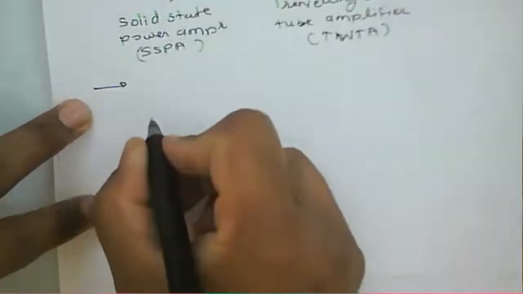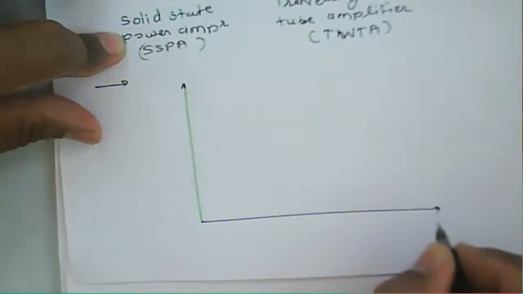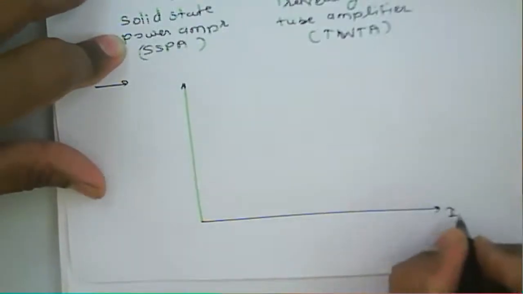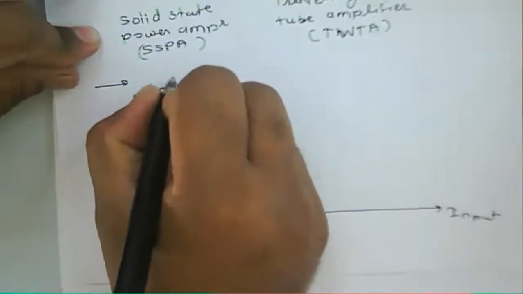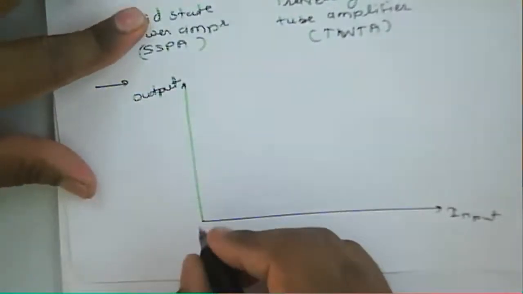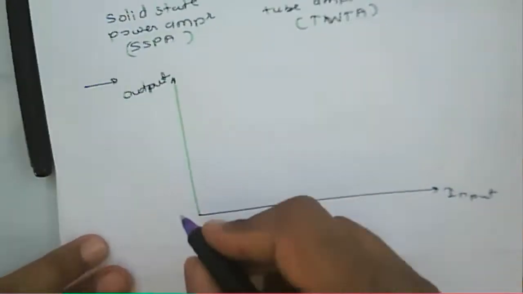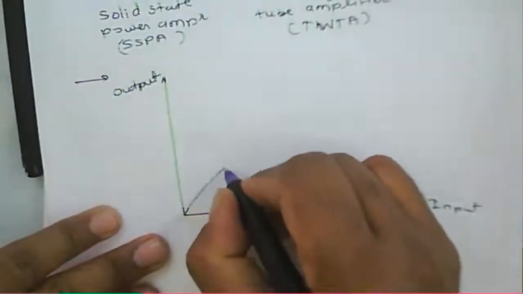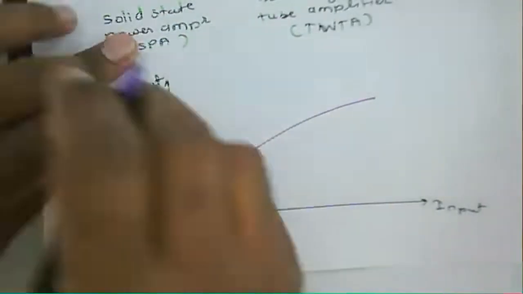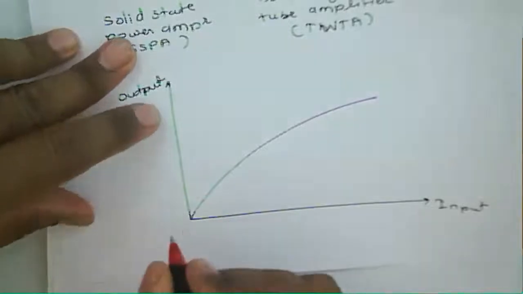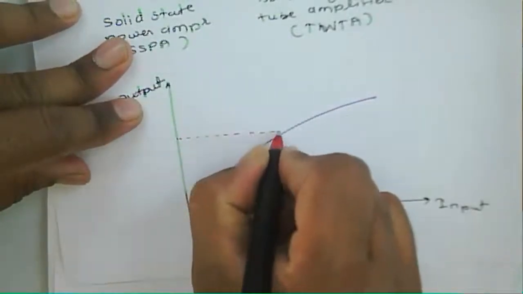Now we'll see a curve regarding the output and input, and you can see that there are some limitations regarding the output power.